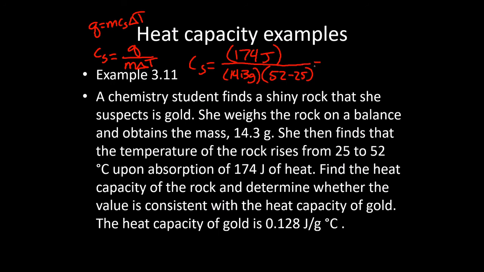And I remember that it is always final minus initial. So it's going to be 52 minus 25. So if I go ahead and plug all that in, I get CS is 0.451, essentially, joules per gram degrees C.